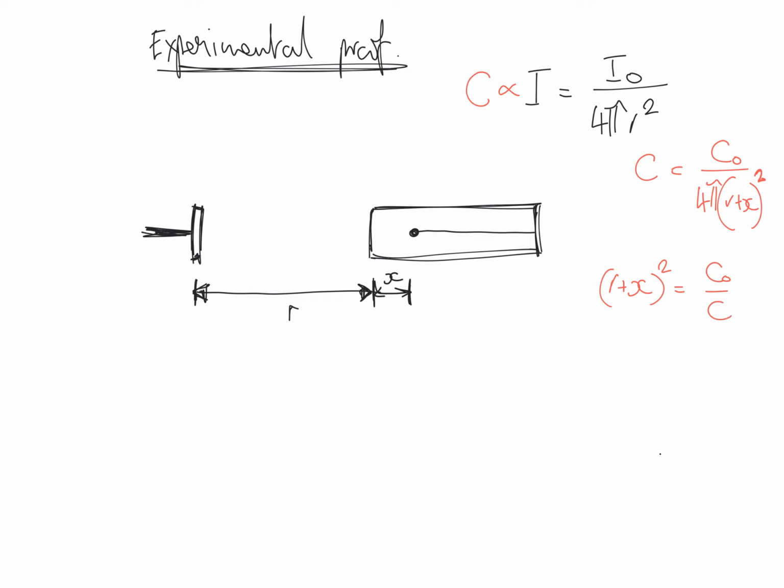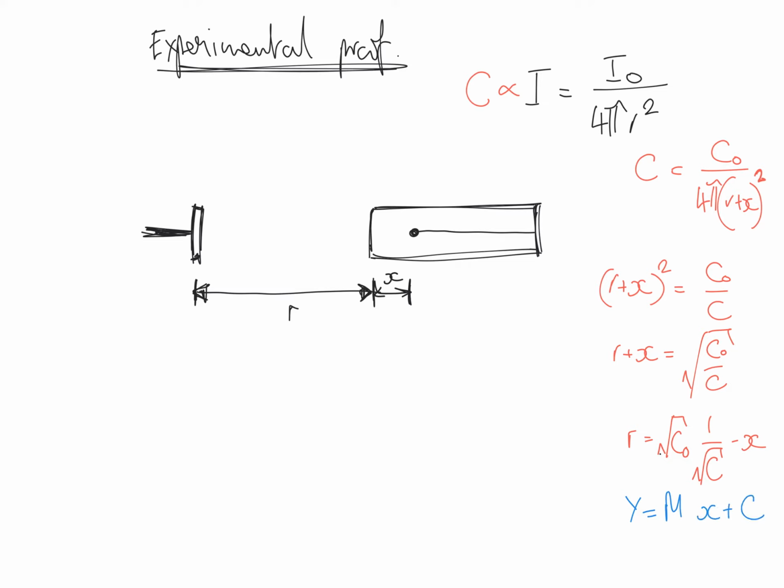Let's get rid of the square by square rooting, and then let me move the x onto the other side and slightly rearrange this as well. So I'll write it as r equals root c naught times 1 over root c, minus x. In other words, y is mx plus c.